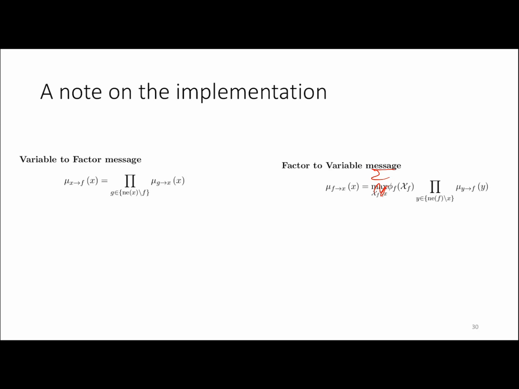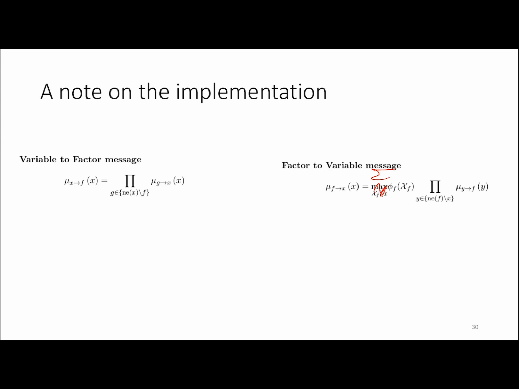If all of these numbers are less than 1, and I multiply a bunch of values less than 1, at some point I'm going to run into a precision problem. You have either double or float as a way to store these messages, and you run into a precision problem.